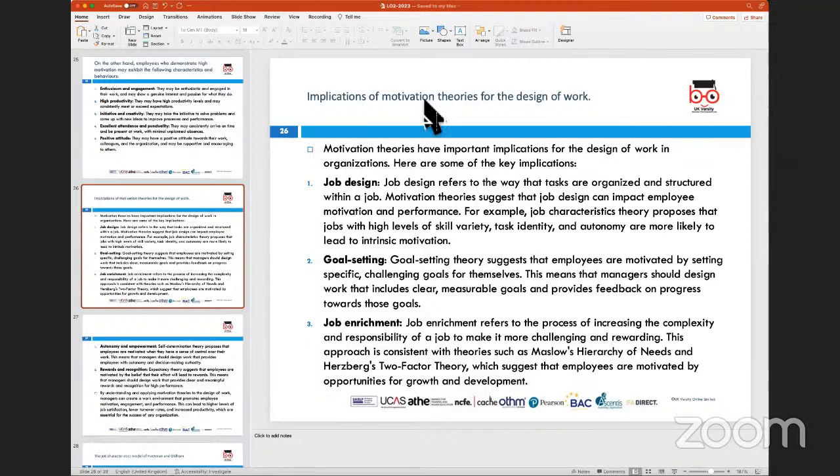Now, when we look at something like a job design, what we are essentially meaning by that is that in most cases, managers will take a lot of interest in creating the description of the role, which would be, I would say, optimum for the person to be able to come in and perform. That means they would be more interested in the process of establishing what could be the roles and responsibilities which the individual will take on in that particular role. They will also be looking at the systems and procedures which they need to follow.